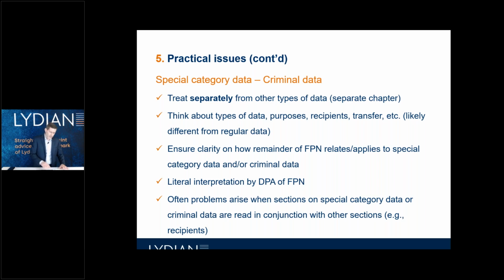To be very concrete, one of the issues that we often see is that indeed the fair processing notice contains a specific paragraph on special category data and on criminal data, and it goes into the detail of what are the legal grounds for using those data. That's very good, but then the question is, how does the rest of the privacy notice relate to this special category data or criminal data?